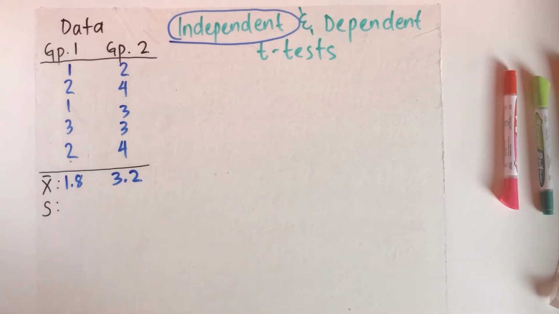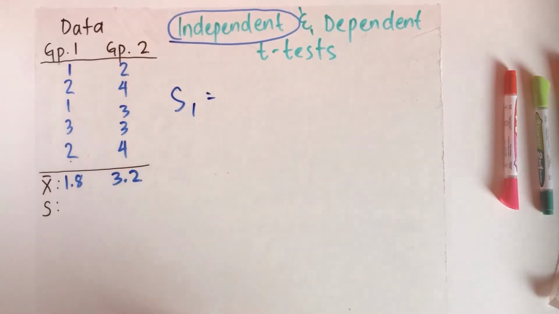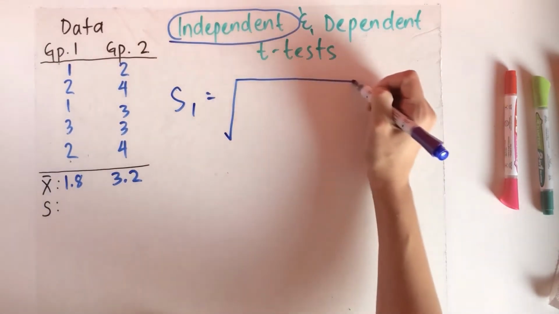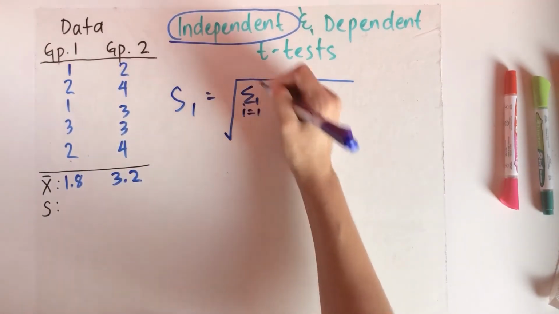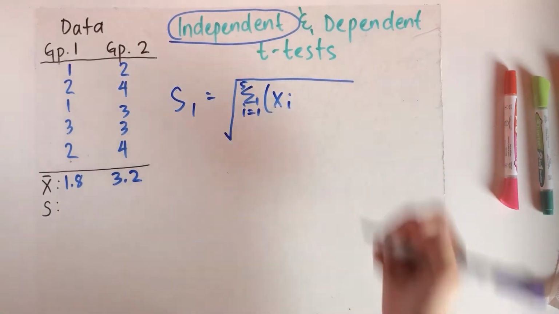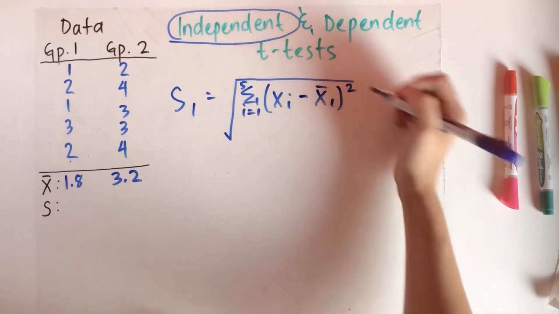So for the first standard deviation, I'm going to compute it at a fairly normal speed. If you need a refresher, I invite you to follow along, maybe work a bit ahead. For standard deviation 1, the way that looks with all the notation is it's the sum from observation 1 to 5 of the individual observation, which we call x sub i, minus the mean of group 1, and we square those.